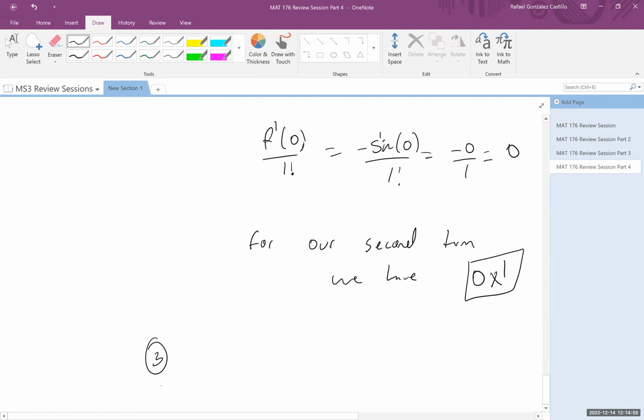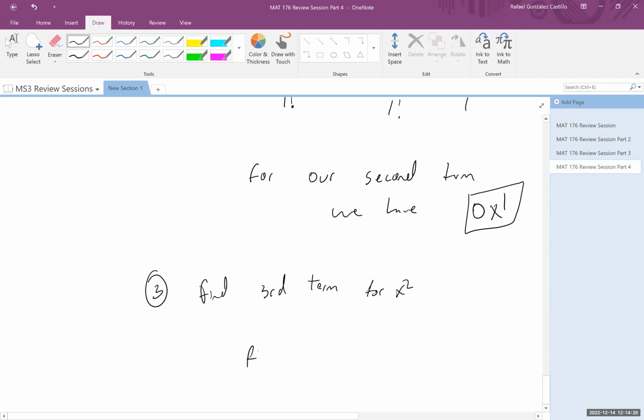So the third step is to find the coefficient for x squared. So now we find the third term for x squared. For x squared, we're doing the second derivative, so we have f double prime of 0 over 2 factorial. Now, the derivative that we had prior was negative sine of x.